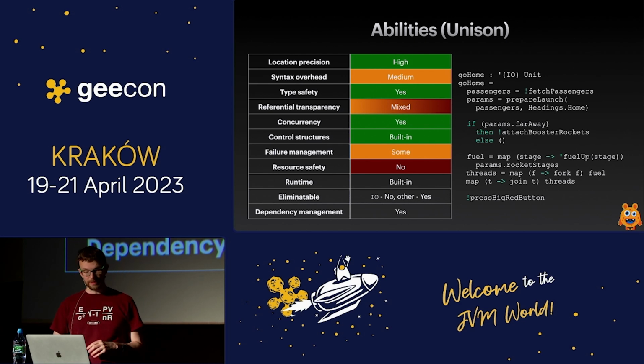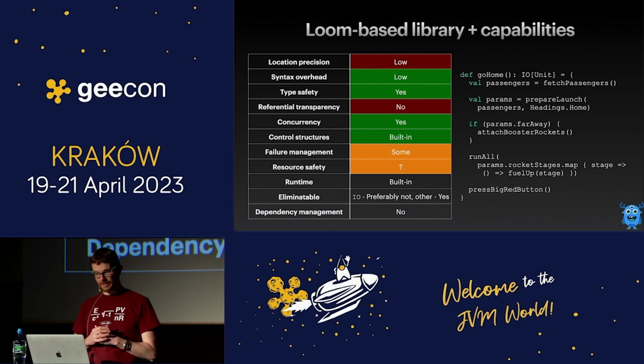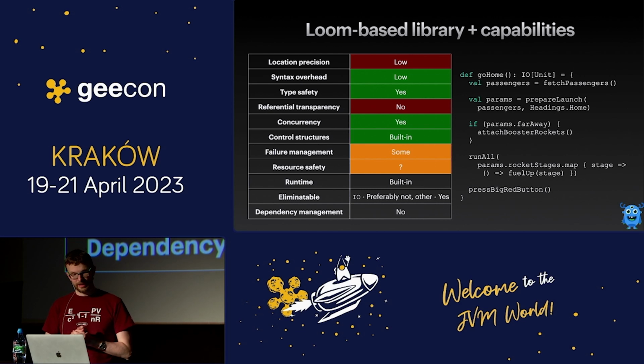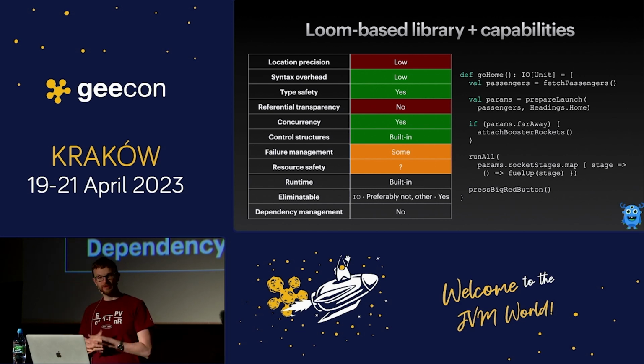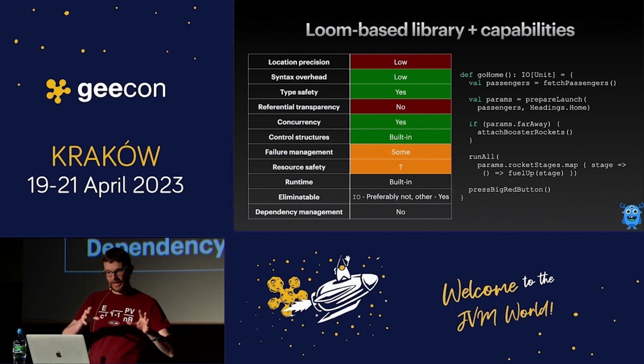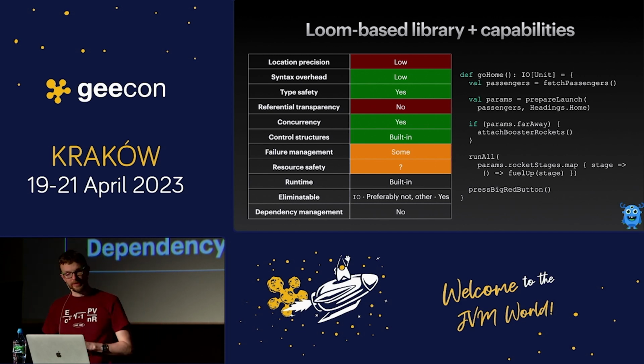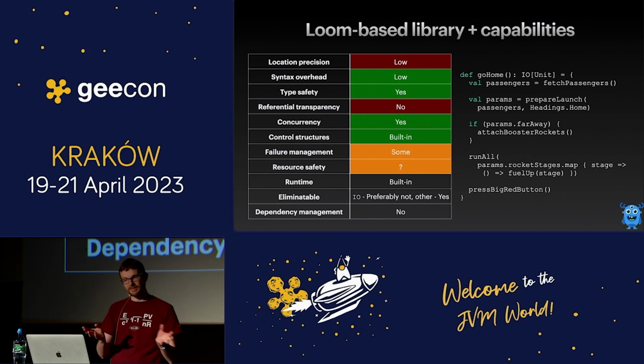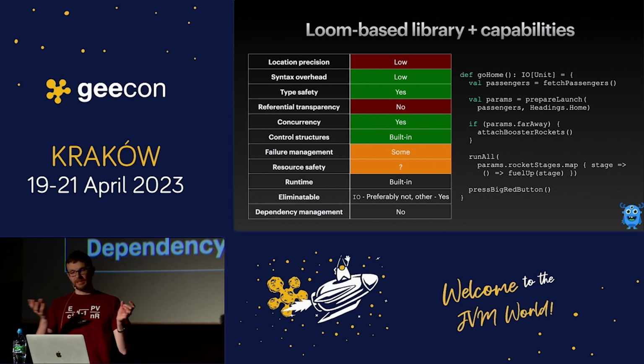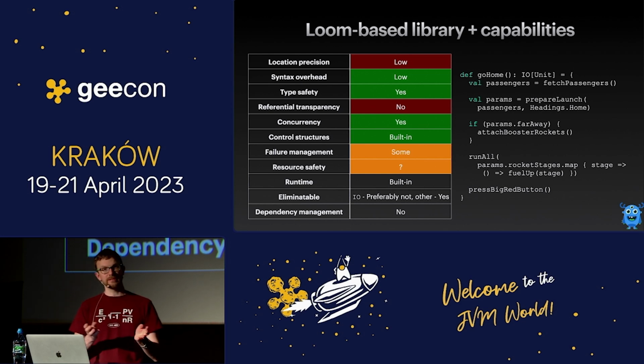And finally, the last one we will look at is a prototype. Well, it's an imaginary library which we might get if we try to use Loom and build something on top of Loom, actually, right? So Loom itself provides you an asynchronous runtime, so it doesn't really address anything concerning effects.